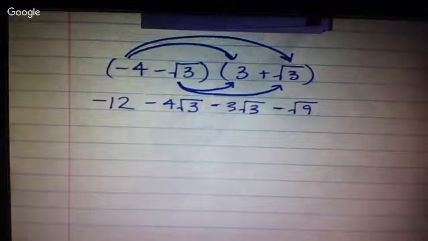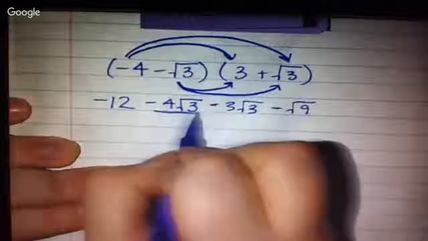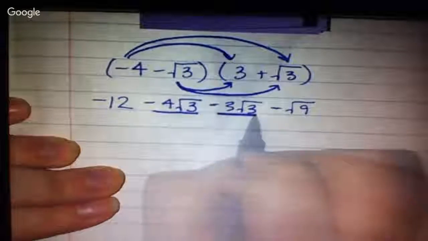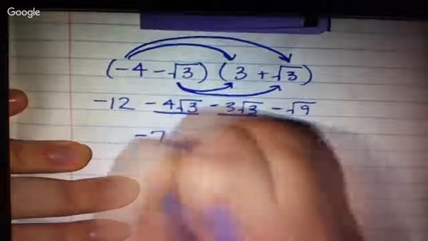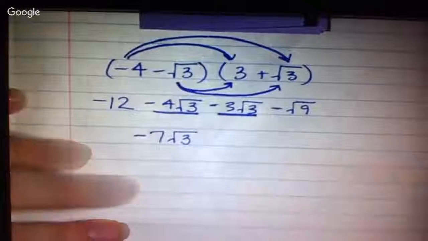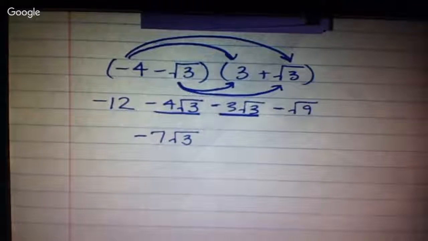Okay, so we've got like terms, which are what? -4 square roots of 3, -3 square roots of 3 become what? -7 square roots of 3. Okay, Muhammad, what did you tell me the square root of 9 was the last time? 3.